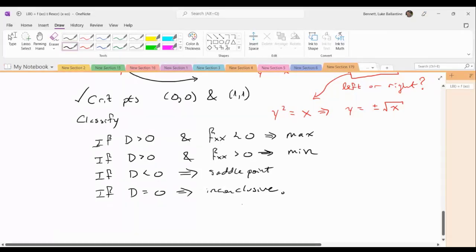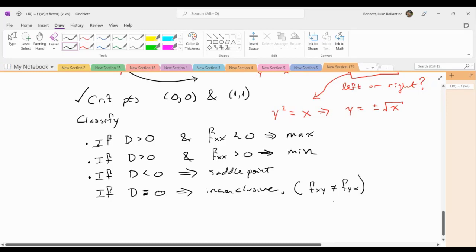Okay. So really, you only have to remember 3 things, because d equals 0 will only happen in this class if you have done it wrong. They won't give you anything where d is 0. But it would occur if fxy does not equal fyx.